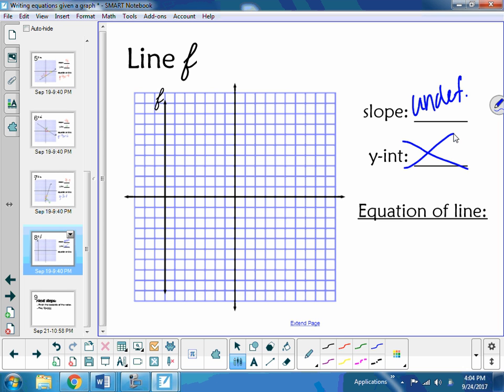And we talked about how that's just going to be an x equals a number. So what x value does it always have to be? If I count over, this x value right here is at -7. X must always be -7. So that is our equation. A little reminder, though, that a vertical line is going to be x equals a number. A horizontal line is going to be y equals a number.